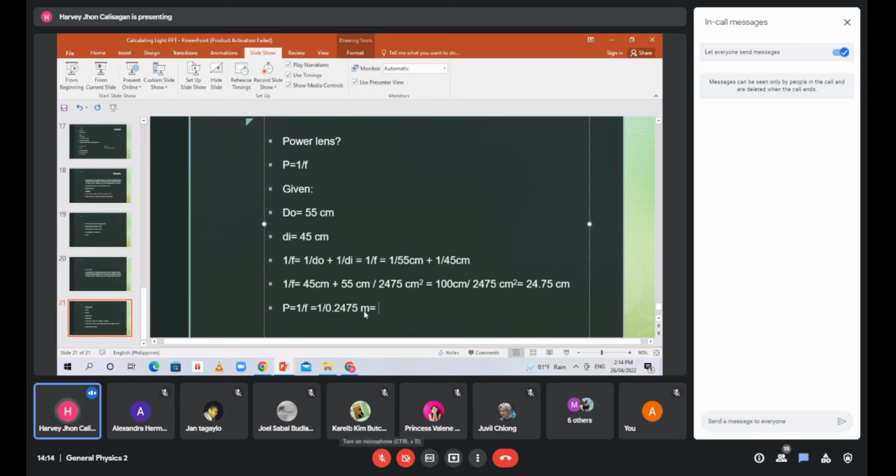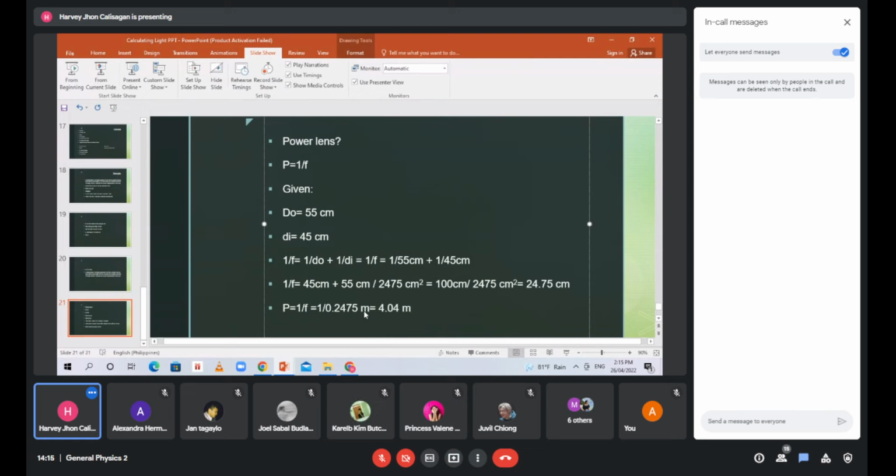So what will be our answer now? Okay, it's 4.04. Converting 0.040, we multiply by 100, and it's the same thing.